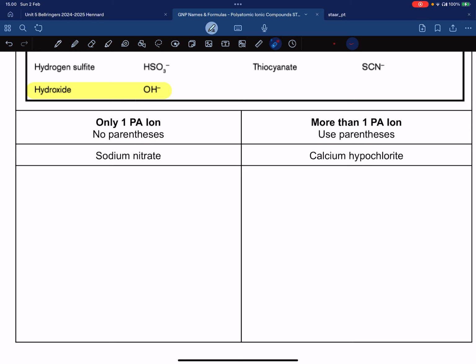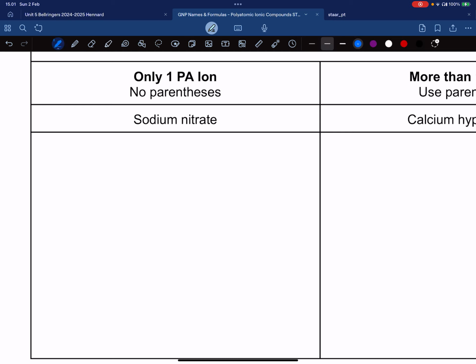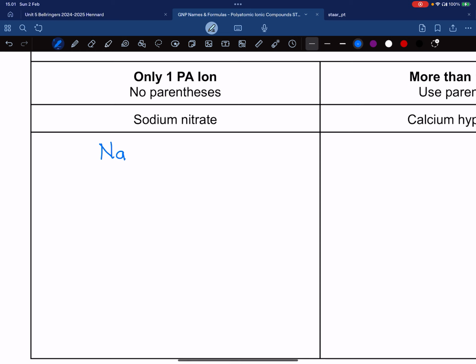So let's do it. First things first. Whenever you want to write the formulas for polyatomic ions, you see sodium nitrate. All right, so sodium, well, that's simple. Sodium is simply Na. And we know because Na is in the first group, 1A, that it has a charge of +1, and so sodium plus.